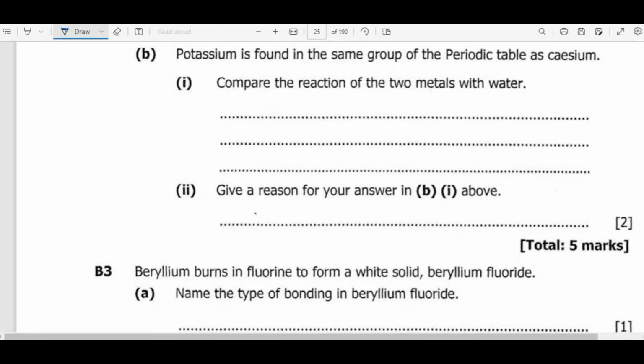Then from question B, potassium is found in the same group of the periodic table as cesium. Compare the reaction of the two metals with water. So if you look at the arrangement of these metals in group 1, the first one is lithium. Then the second one we have sodium.